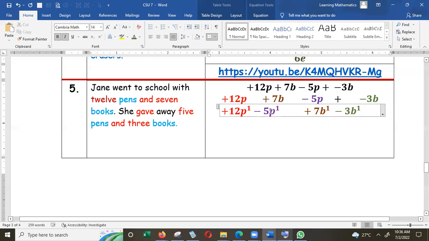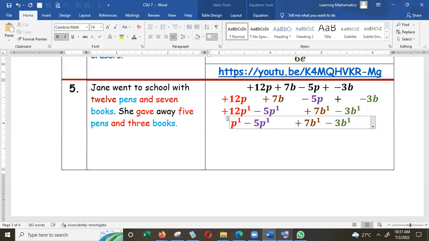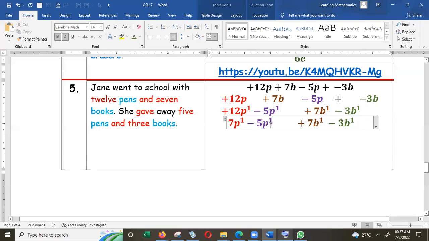So now we are taking away 5 from 12. If we take out 5 from 12, we are left with 7 pens. So you're going to have 7 pens.